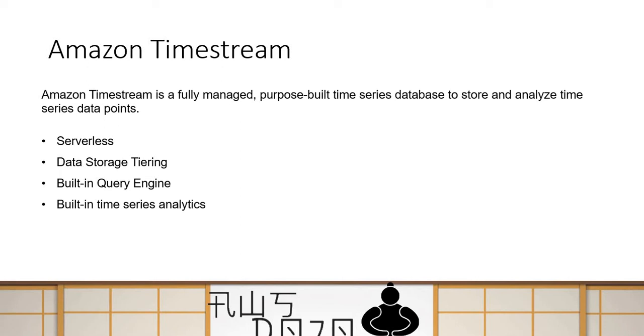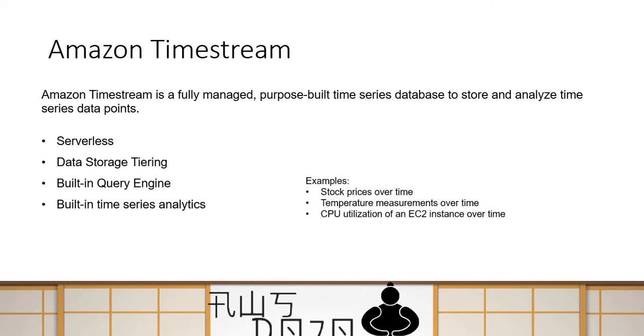Now, if you wonder what kind of data is time series data, there are some examples I want to put over here. For instance, a stock price over time. Take the stock price of Amazon, which is changing probably every minute, every second, and you want to make one entry: this is the price, this is the time. So if you're recording certain measurements with a timestamp, that is a typical example of time series data.